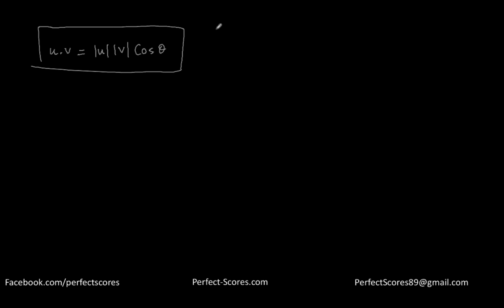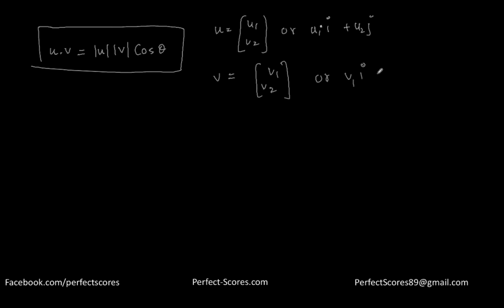Now let's say I break this vector further. I say vector u is made up of u1 and u2, or you can even call it u1i and u2j, right? Or I say that vector v is equal to v1 and v2, or I can even call it v1i and v2j.